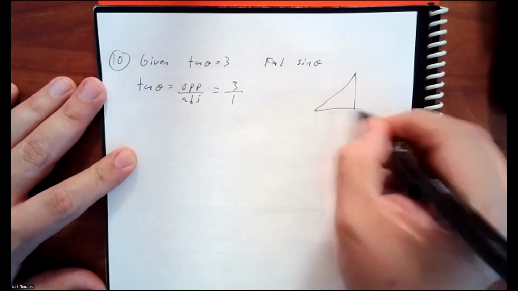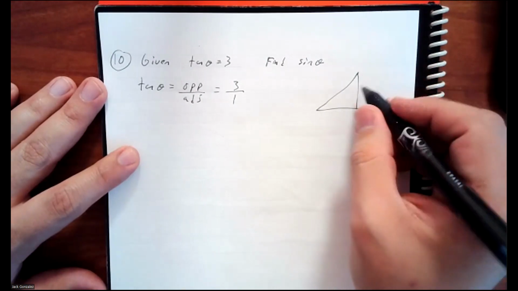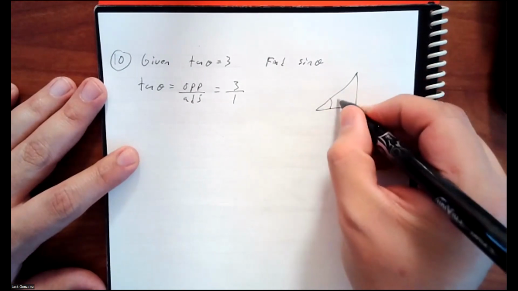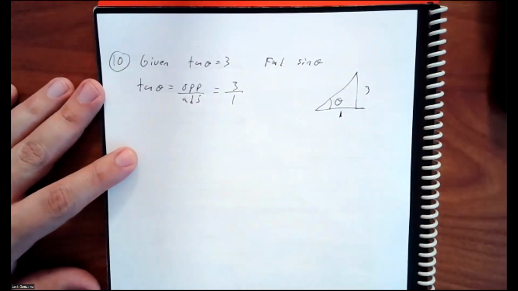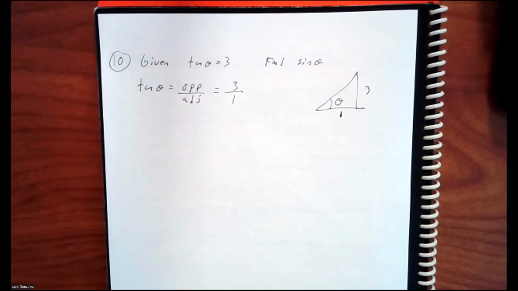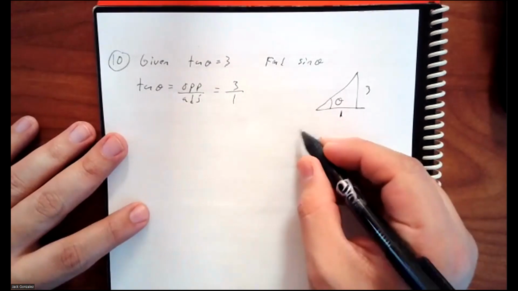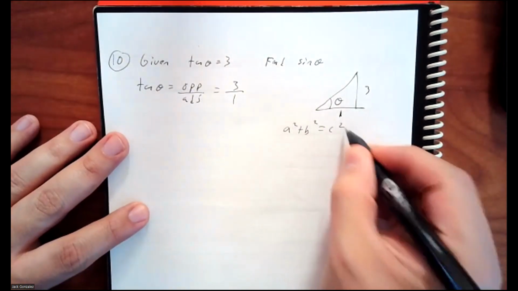So if you build your triangle, if I put theta here, then opposite is there, adjacent is here. It all depends where you put it. Now solve for c using the Pythagorean theorem: a squared plus b squared equals c squared.